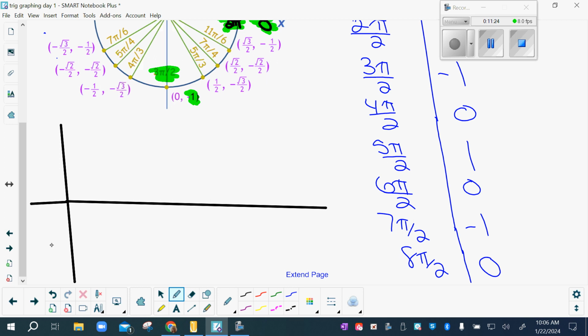Okay, are you ready? So we're going to start with 0 right here. We're going to put down our X stuff on the bottom. So watch why I did that fraction-y stuff. We're going to start right here. 1 pi over 2. 2 pi over 2. 3 pi over 2.